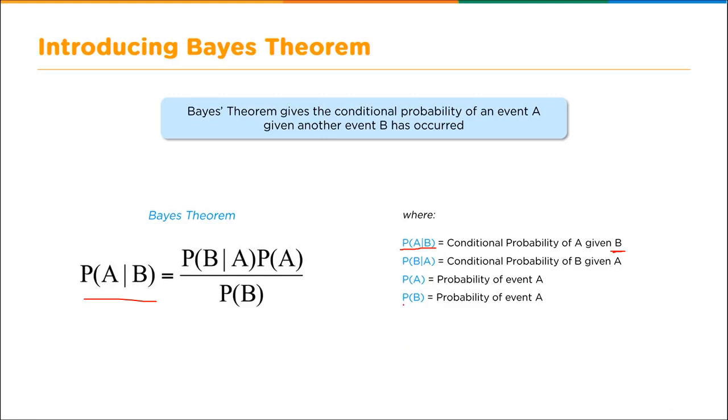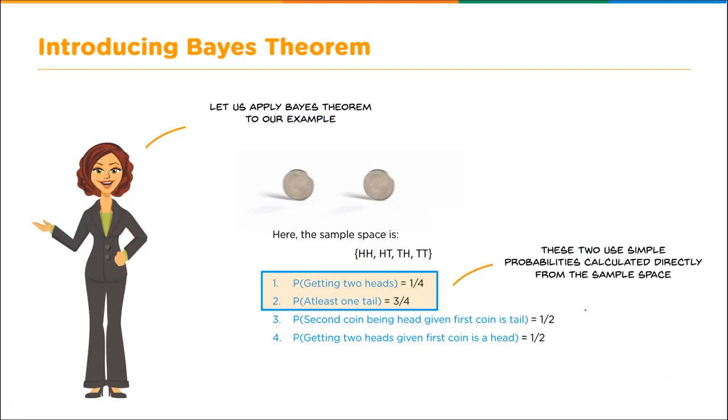PA is the probability of event A, and PB is the probability of event B. Sorry, it was a small mistake, and we'll revise it when we talk about the Bayes theorem. So the probability of A given B is equal to the probability of B given A multiplied by the probability of A upon the probability of B.